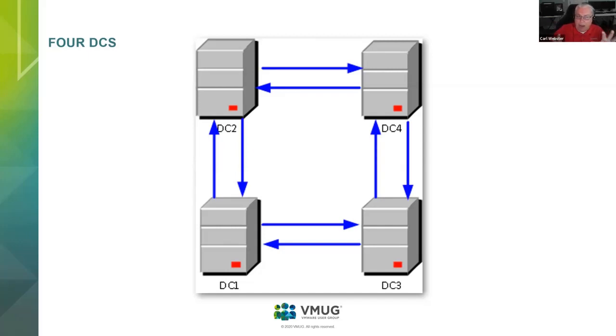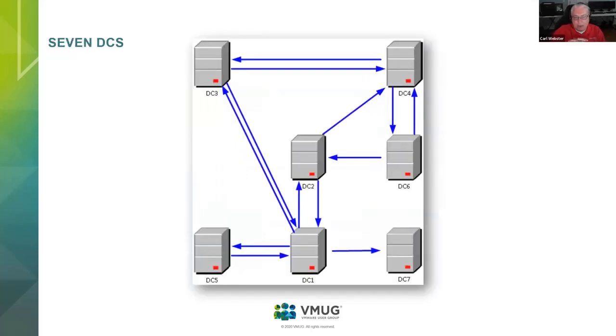Even if you have 1023 domain controllers in a domain, no domain controller is more than 3 hops away from any other domain controller. So in other words, if I make a change, like add a new user on DC3, that change will go to DC1, which then goes to DC2, or it can go to DC4, which goes to DC2. And so within 3 hops, that change is going to make it there.